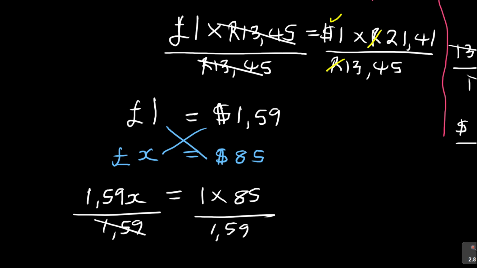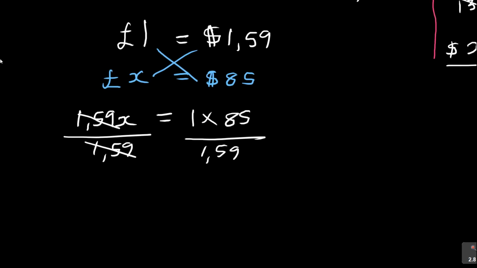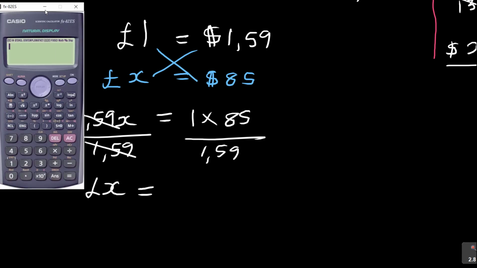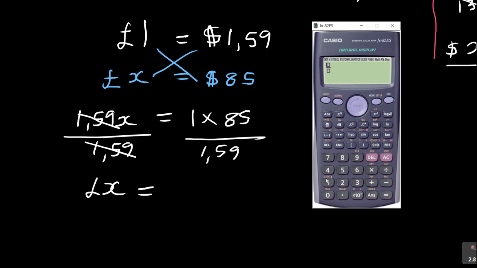It must be less because the pound is stronger, so you need to pay less in terms of the amount in pounds. So if we do that, it will be 1 times 85 over 1.59, which gives 53.46. By the way, guys, you know how to round off: Shift, setup, then number 6 is fixed, then 2 decimal places.